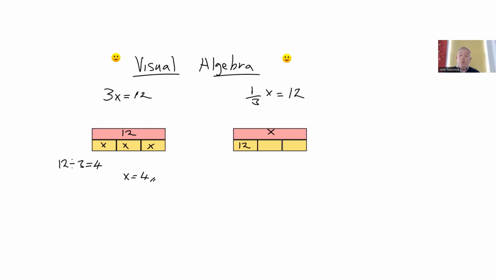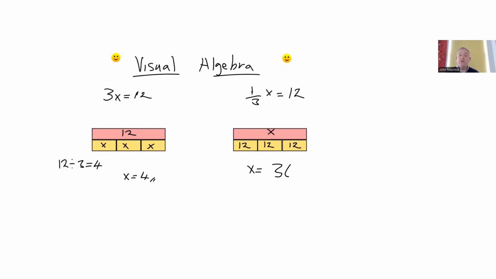Well, 1/3, so 1 part, and then we have 2 parts. They're the same size, so that must be 12. And 3 parts, 12. So x must be equal to, you guessed it, 12 plus 12 plus 12 is 36.